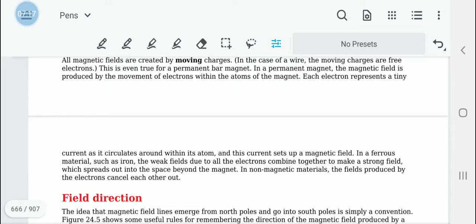This electron goes around this atom, which is a small representation of a tiny current. So this single electron will result in a magnetic field. When many atoms combine together, they produce quite a significant amount of magnetic field.